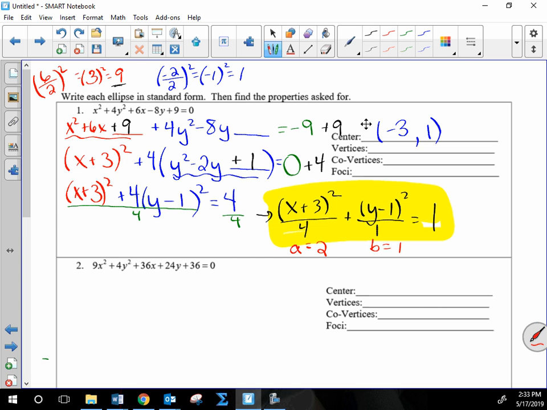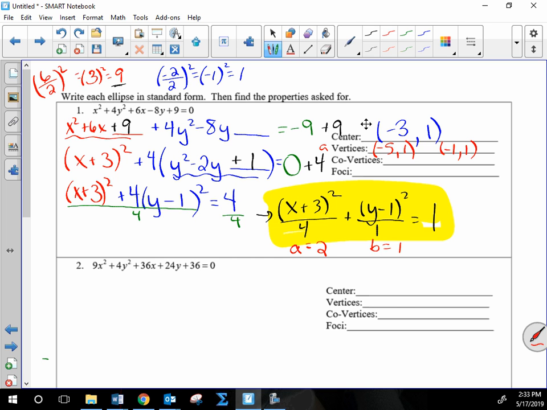My vertices, does that talk about my A value or my B value? A value. Okay, so vertices is talking about my A value. My A value is affecting the x's. So I just simply take my center, and for my x value, I'm going to add 2 and subtract 2. So -3 minus 2 would be -5, and then -3 plus 2 would be -1. Boom, we have our vertices.